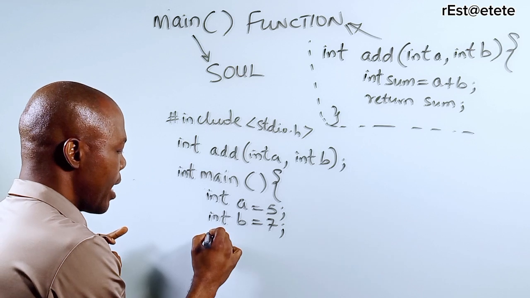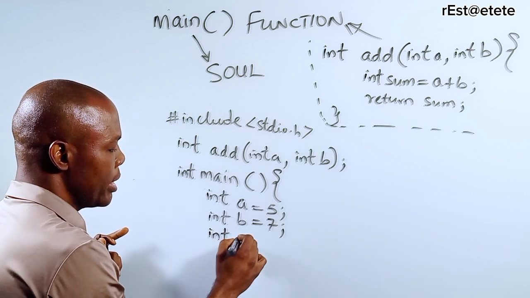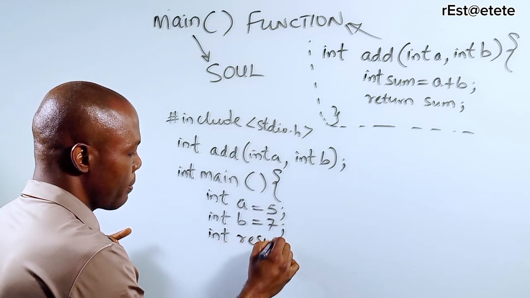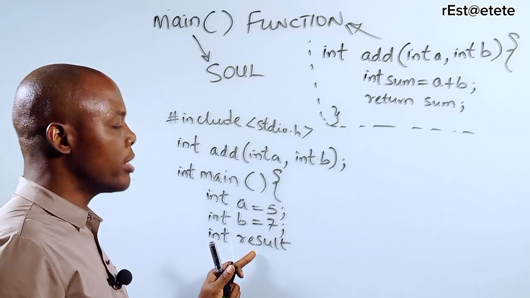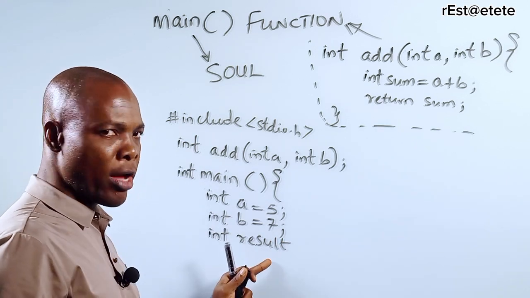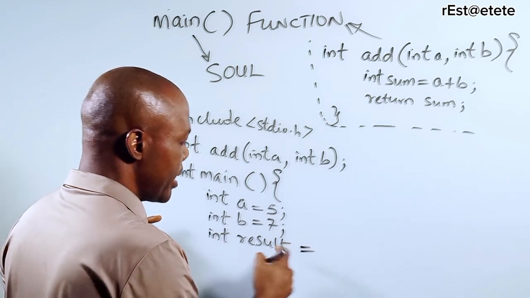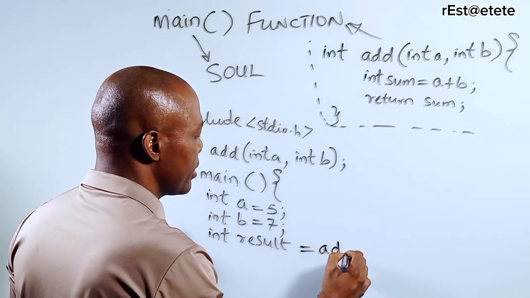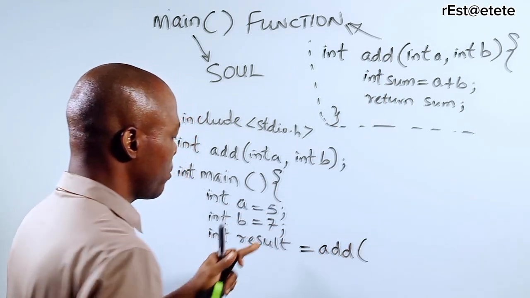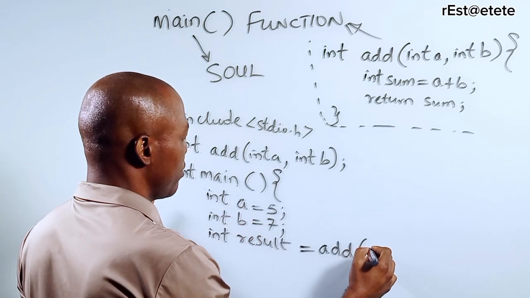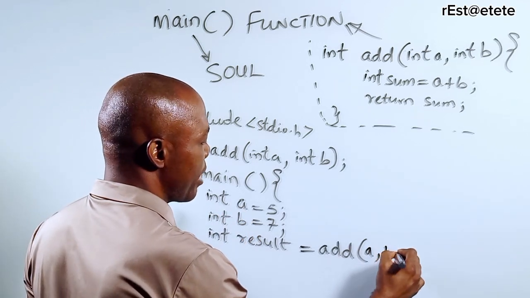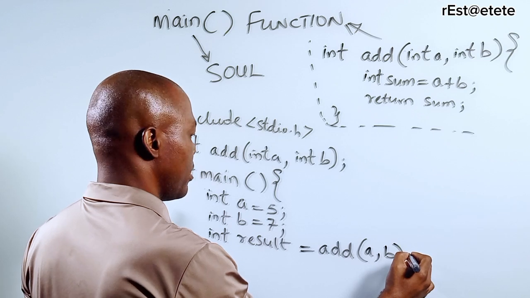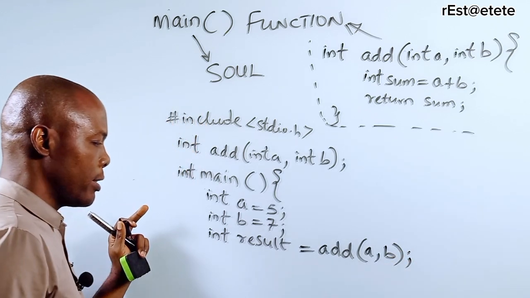Then I will create another variable, int result. I'm creating another variable inside this main function, and I call it result. And here I will now call this function. I will say add, and then I will supply A and B as parameters, right? So this is another statement.